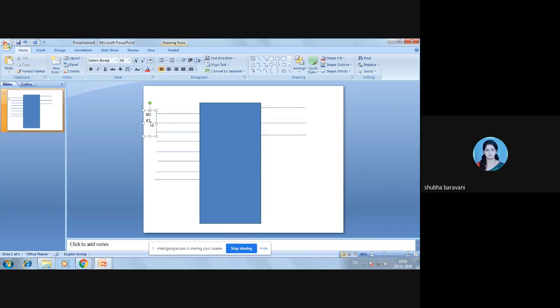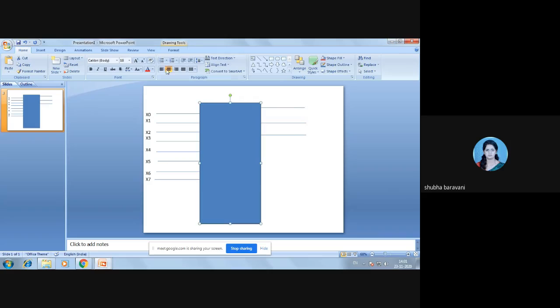Then I have the next input as x2, the next input as x3, next inputs x4, x5, x6 and x7. Okay, these are my inputs.